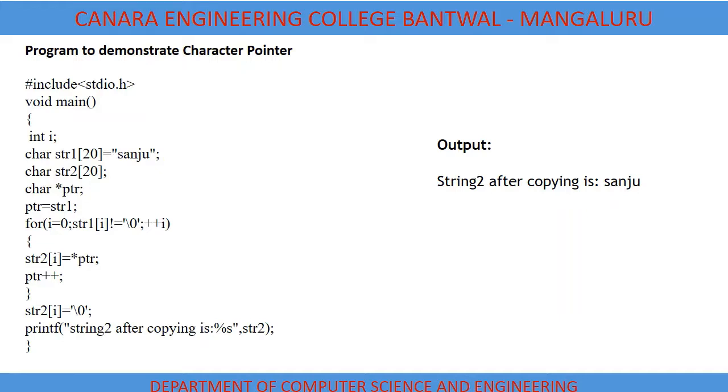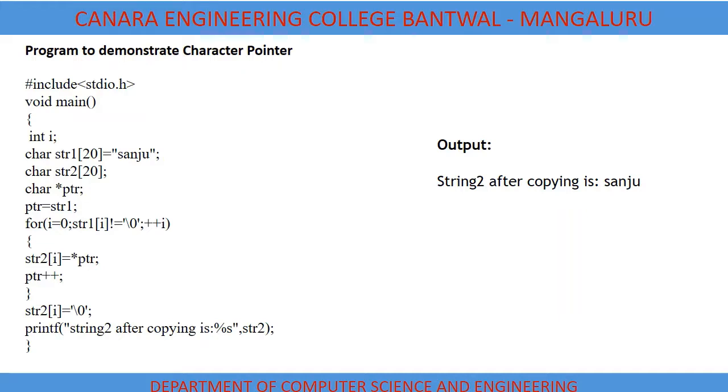Void main, we have taken an int variable i to hold the position. I have taken two character variables here, str1 and str2. For str1 we have initialized a name, Sanju, S-A-N-J-U. I declare one more character variable str2 with a size of 20. Then I've declared a character pointer, char *ptr.